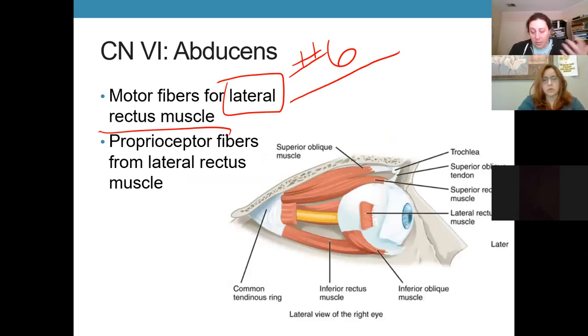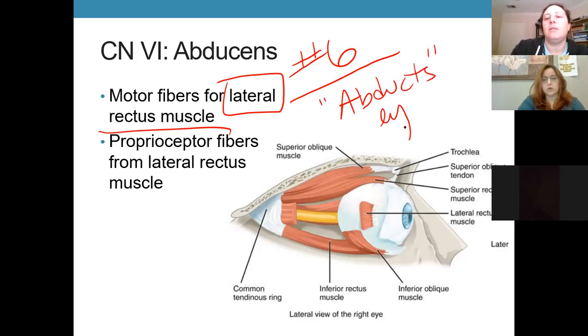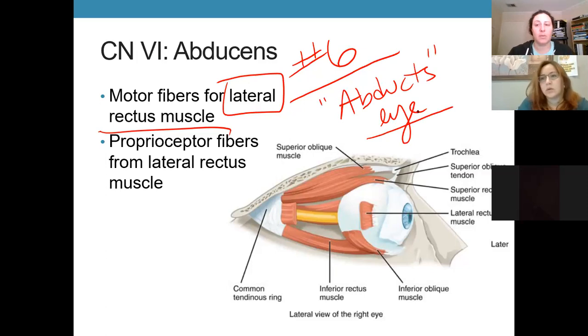And what do we call it when we move something away from midline? We call it abduction. So because this muscle lets us abduct the eyeball, they called it abducens. And then, as I said, the other 4 are controlled by that cranial nerve 3 oculomotor. And that is all of the eye ones.